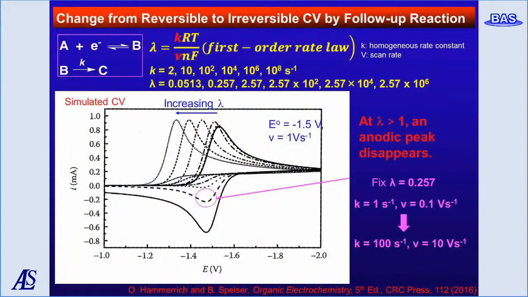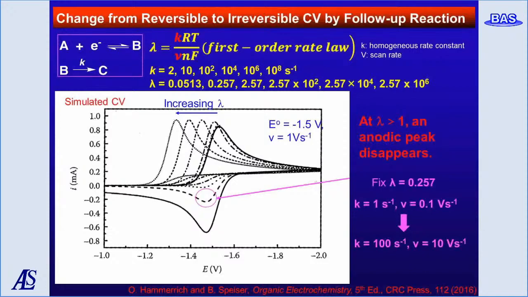This slide shows the change of CV shape from the reversible to irreversible process by follow-up reactions from the digital simulations. The important parameter to determine the CV shape is the ratio of the first order rate constant K to the potential scan rate V in these equations.